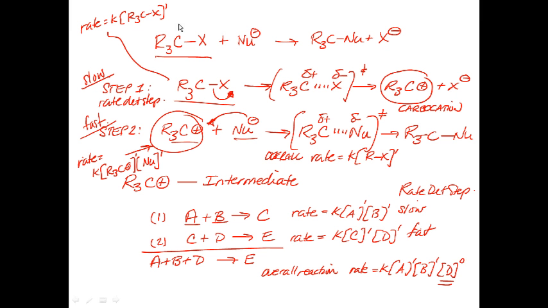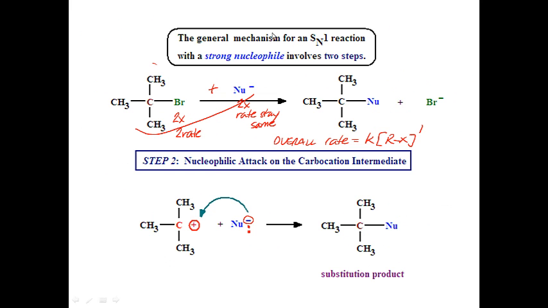The rate determining step involves the reaction of one molecule. That means that the rate determining step is unimolecular. The kinetics of this reaction is first order overall and only depends on one molecule's concentration.